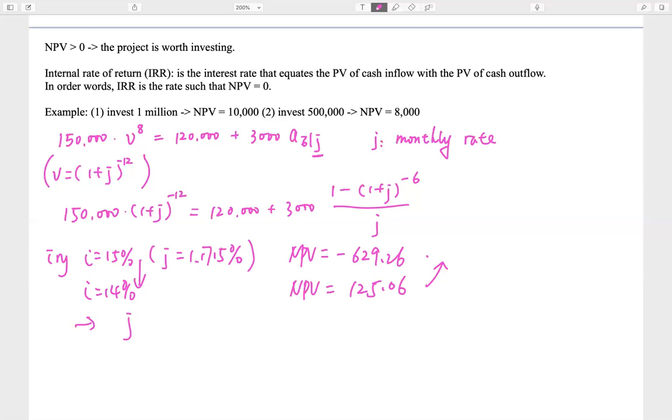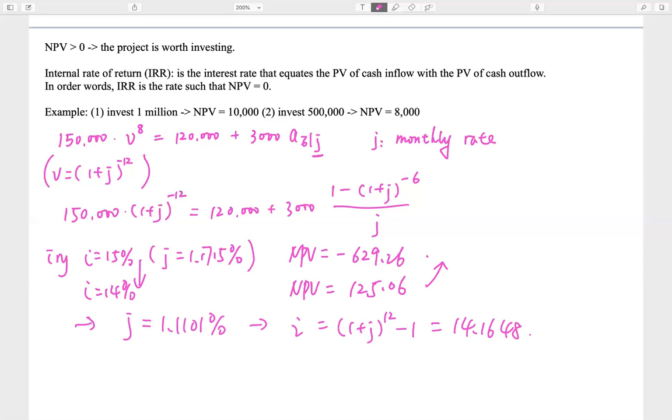But anyway, if you have some software, you can get the actual number of j. Once you get j, you can get i by this formula: 1 plus j to the 12th minus 1 is our annual interest rate.